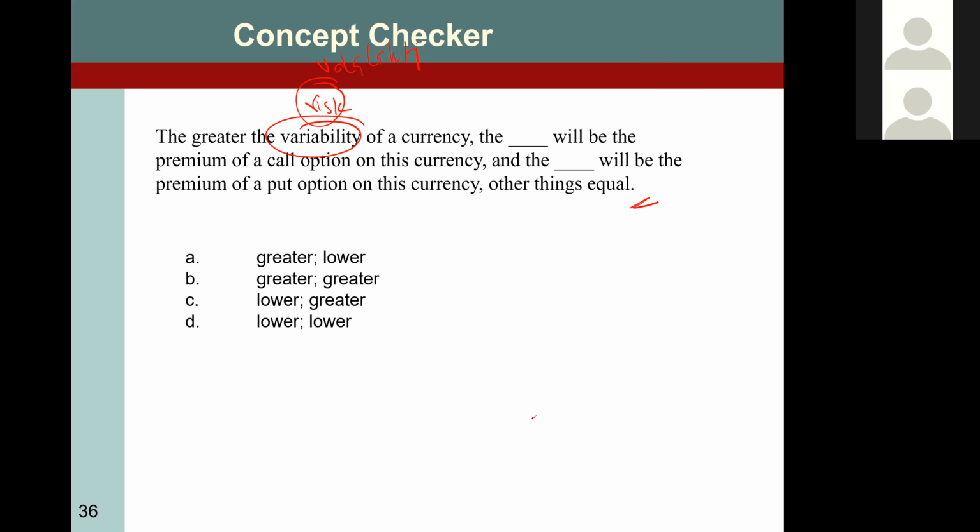Now, if you expect the British pound to appreciate, you could speculate by buying pound call options or pound put options. So remember, you expect that the British pound will appreciate.